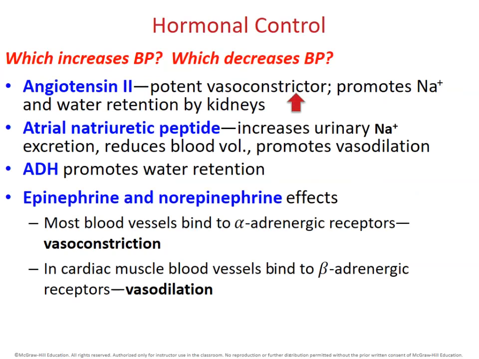Sodium leaves the body. What follows solute? Water. So it's kind of like a diuretic, right? So this would decrease. ADH, which promotes water retention, increase. Epinephrine, which is a sympathetic stimulus, right? That will be an increase as well.